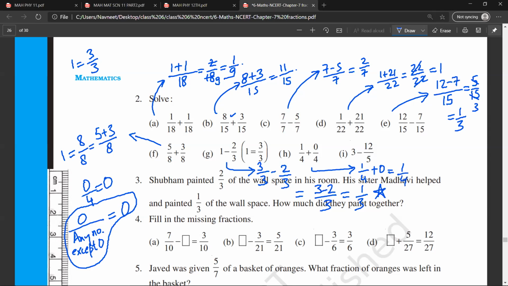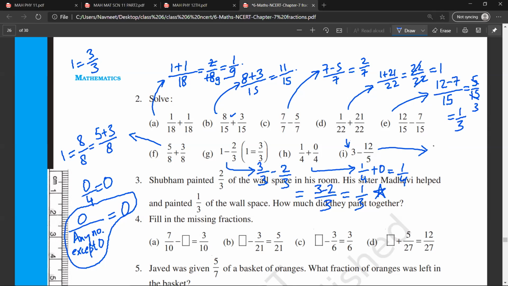Very nice. This would be equal to? 12 by 5. What did you write 3 as? Sir, I didn't even subtract this one. I forgot.